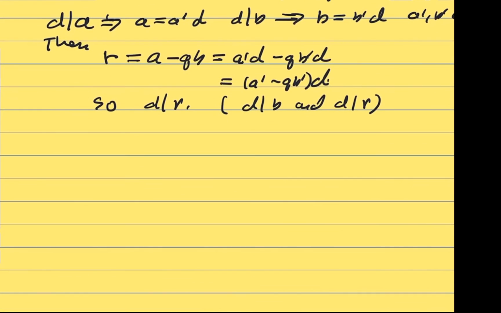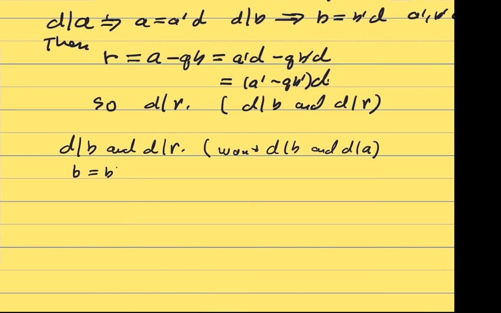So now let's assume that D divides B and D divides R. And this time I want that D divides B and D divides A. Well, it's basically the same idea. This assumption here tells me that B is B prime D for some integer, and D divides R is that R is some integer R prime times D, B prime and R prime integers.